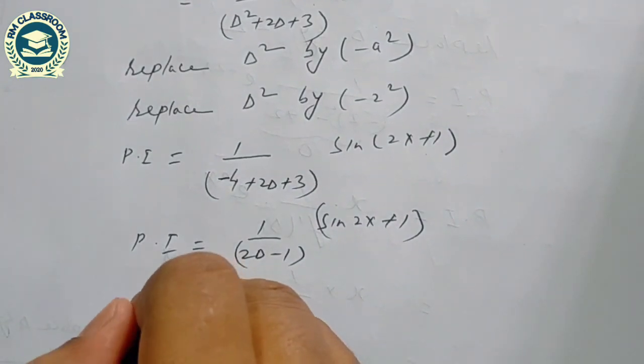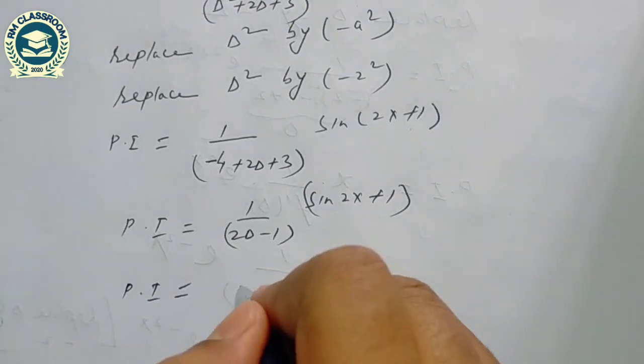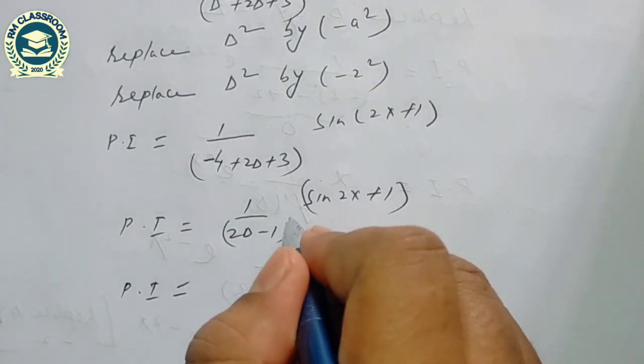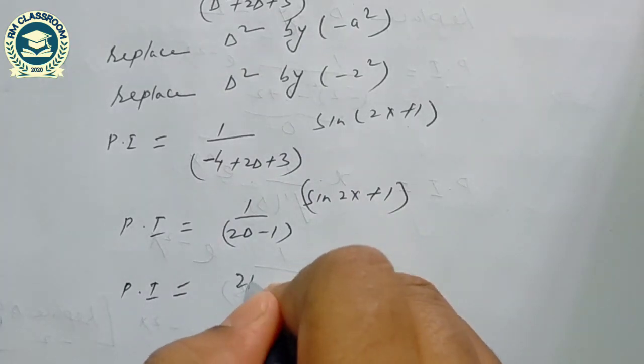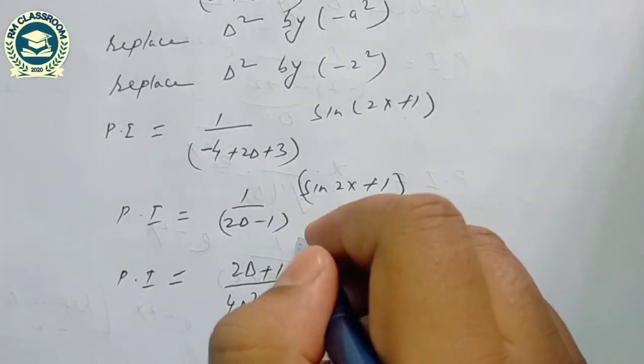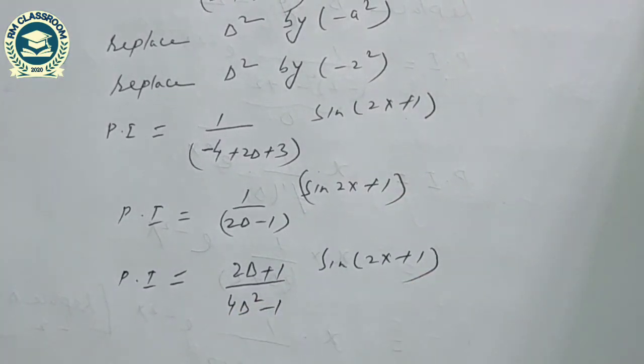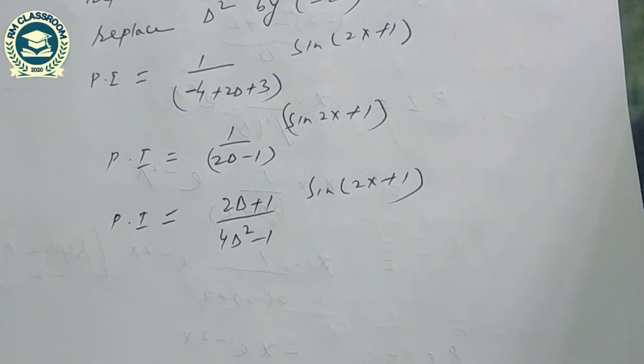So it can be written as the particular integral 1 by (2D - 1). Rationalize: (2D + 1) divided by (4D² - 1) sin(2x + 1). Once again replace D² by -4.